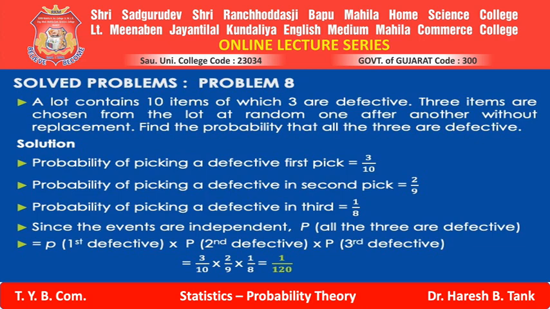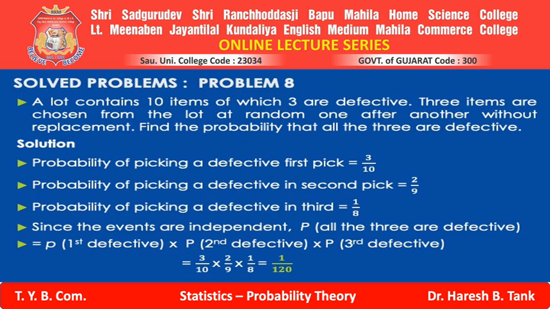The third thing, probability of picking a defective in the third trial, naturally it would be 1 less, it would be 1 upon 8. Here there is a mistake. Since the events are dependent, it is not independent. Since the events are dependent, probability of all the 3 being defective is nothing but the product of individual conditional probabilities.